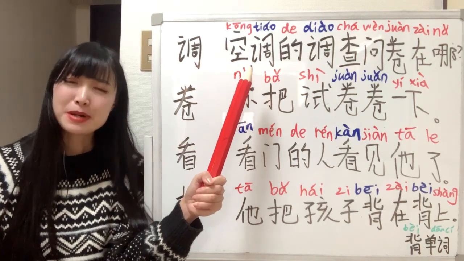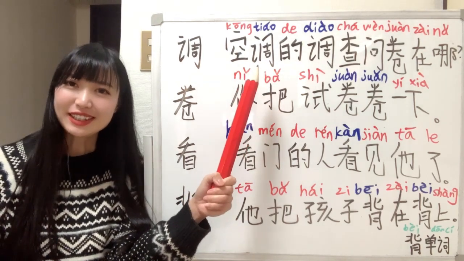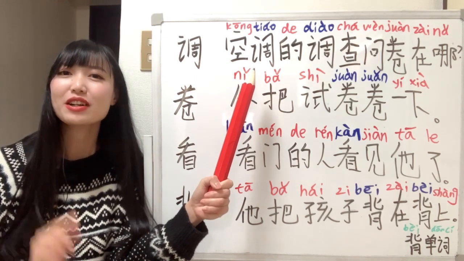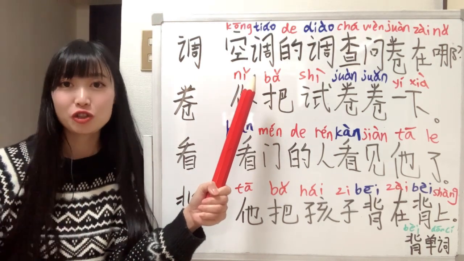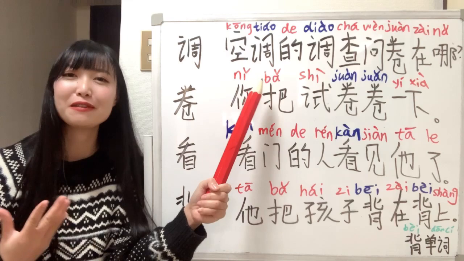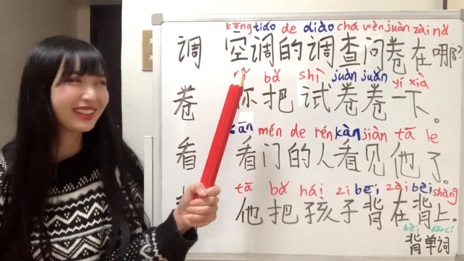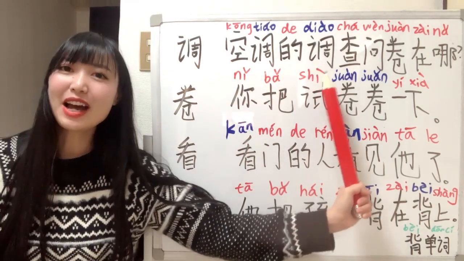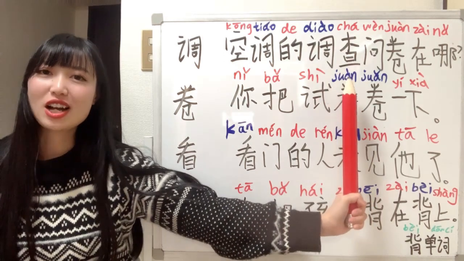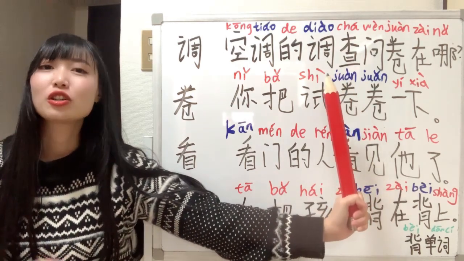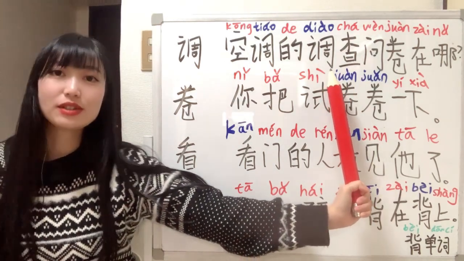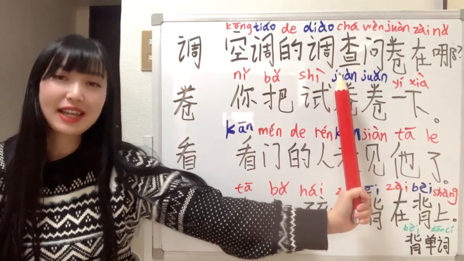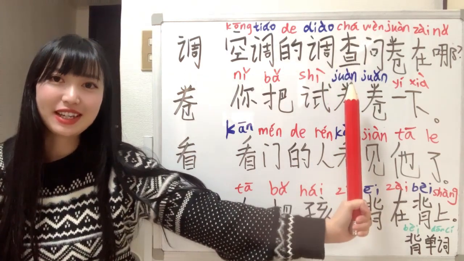But sometimes only 调 means to address, so it's also a verb. It's very difficult. And 调查 together here means research or investigate.